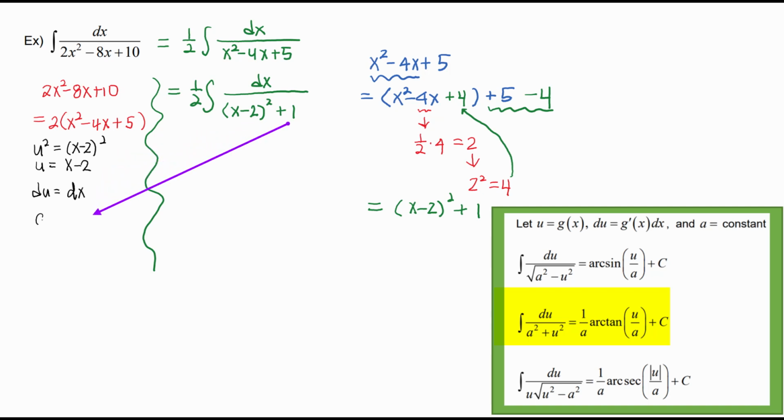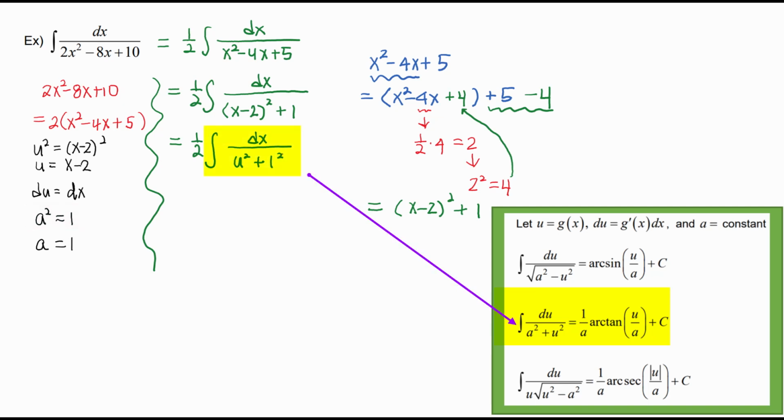And then our a squared will be 1, which makes our a equal 1. Then our u substitution becomes 1/2 integral of our du, which is dx, over u squared plus 1 squared. Now our integral fits the arctangent formula.